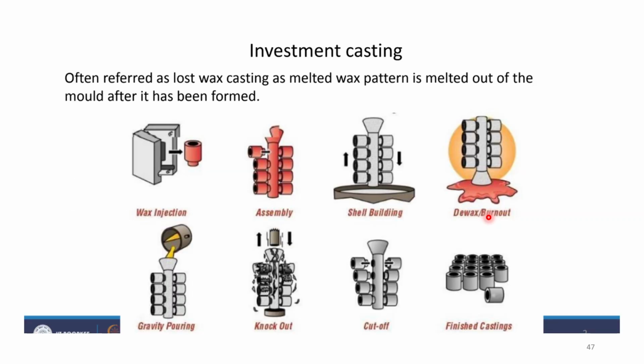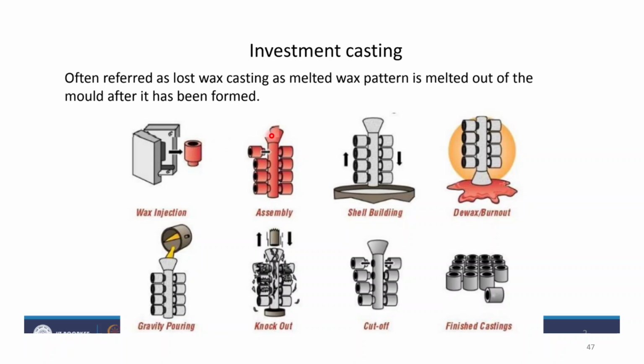So in investment casting you have a wax pattern first. It is often referred to as lost wax casting, as the wax pattern is melted out of the mold after it has been formed. Firstly you prepare this wax mold.